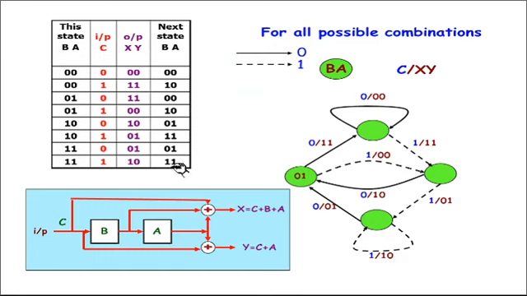Here you can see the state table we have just seen. If someone wants to create the state diagram from this circuit, let's simplify the diagram. We just arrange it in a different manner. Let's say the present state is B and A, because these are the active flip-flops or shift registers which decide the state of the encoder.